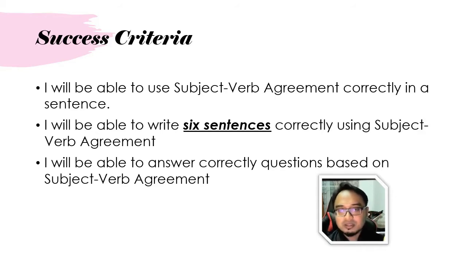Next, I will be able to write 6 sentences correctly using subject-verb agreement. Next, I will be able to answer correctly questions based on subject-verb agreement. So these are the things that you need to take note of at the end of the lesson, whether you have achieved the criteria or not. Okay, now let's move on.